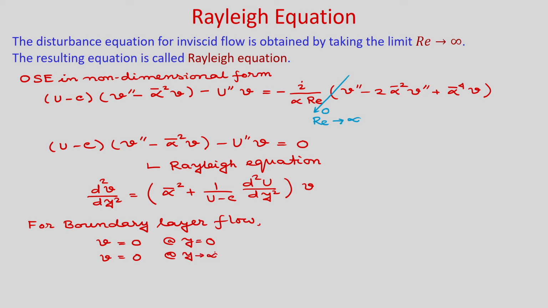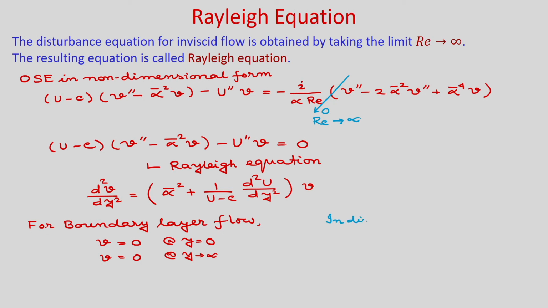Since the coefficients of Rayleigh's equation are real, any complex eigenvalue will appear in conjugate pairs.